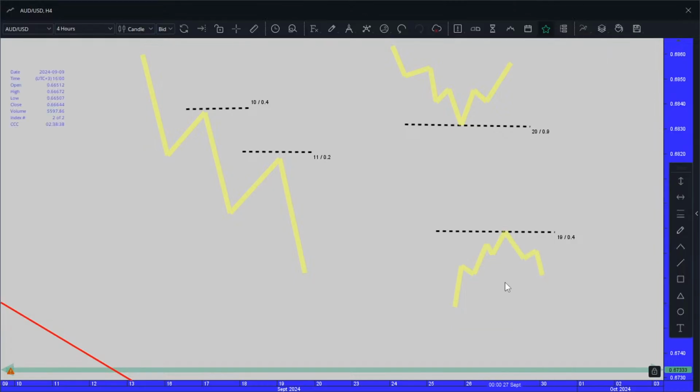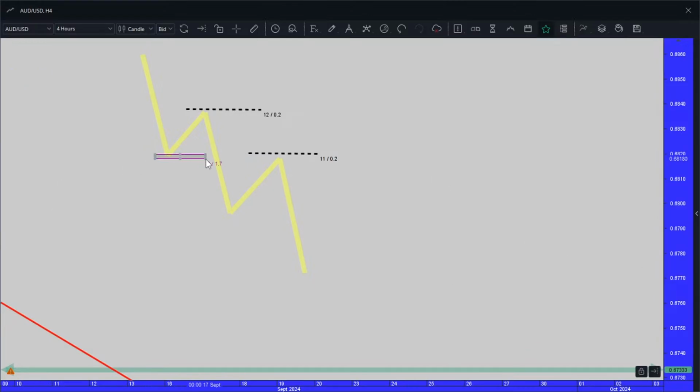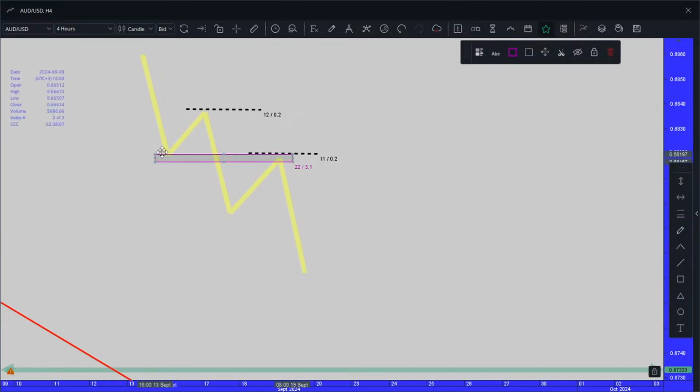All right, everybody. Now remember, we are in a downtrend. In a downtrend, past support is a high. Just write this down. In a downtrend, past support is a high, and past resistance is a low.